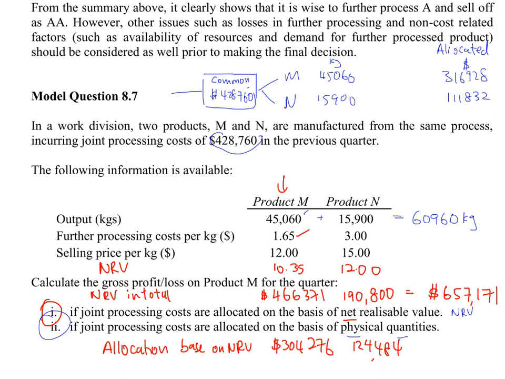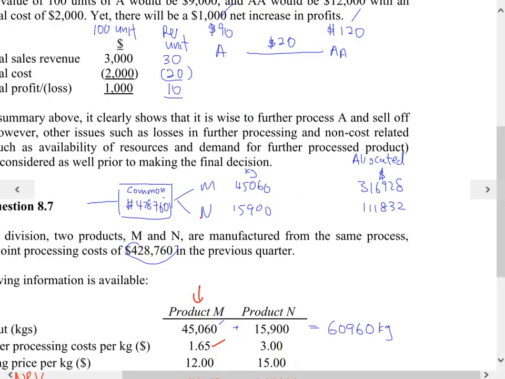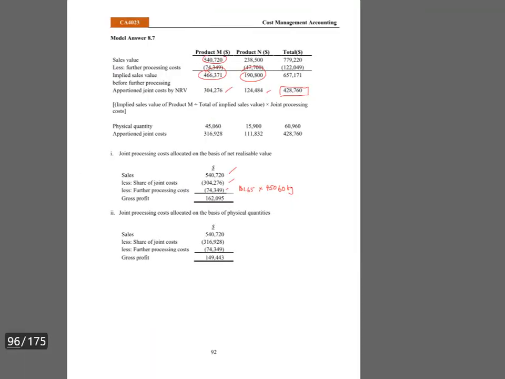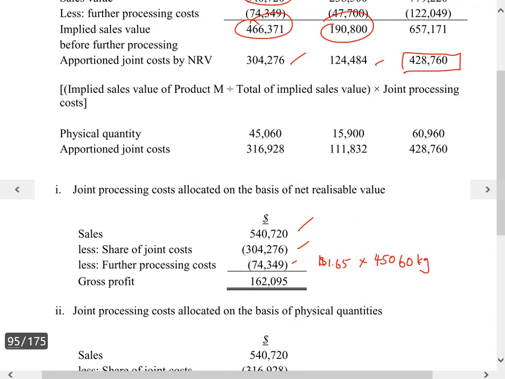Then the answer is here. If my 428,760 is allocated based on output, then it will be 316 and 111.